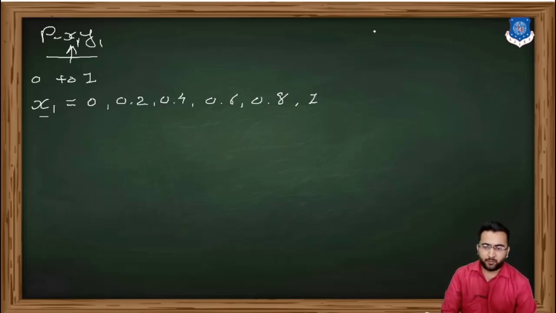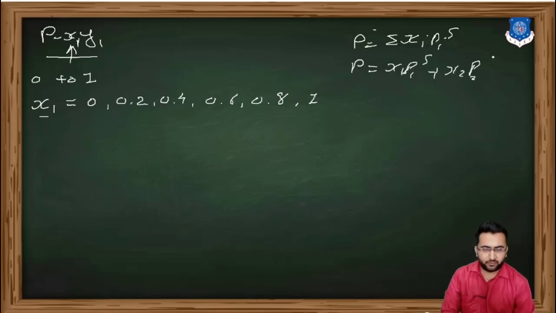So what is the bubble point equation? The bubble point equation can be given by P is equal to the summation of xi Pi saturated. For the binary mixture, this equation becomes x1 P1 saturated plus x2 P2 saturated. Using the value of x1, we can find the value of P. How can we find x2?